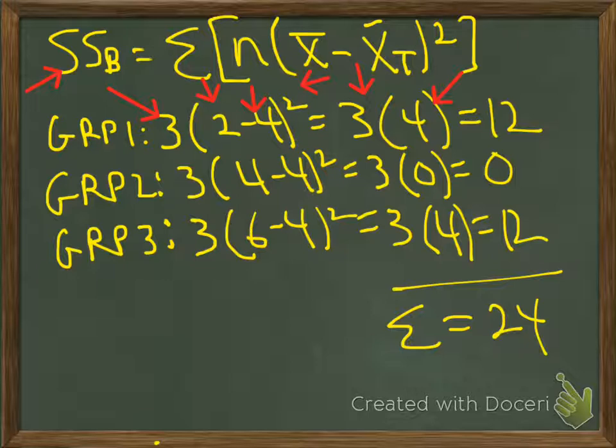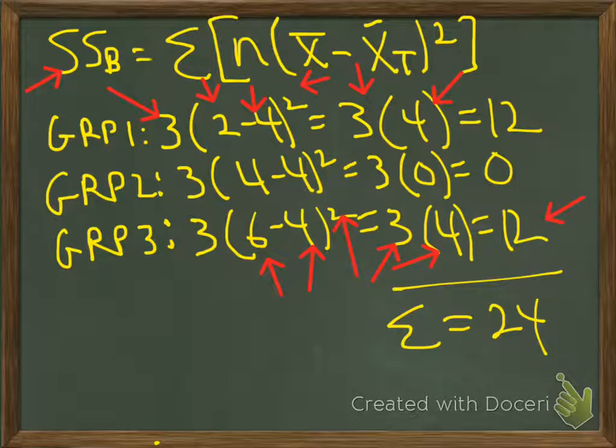For group 2, you see that the difference between the group mean and the grand mean is 0. So 3 times 0 is 0. And for group 3, the group mean is 6. The grand mean is 4. Square that, and you end up with 4. 4 times the number of cases in the group, which is 3. 3 times 4 is 12.